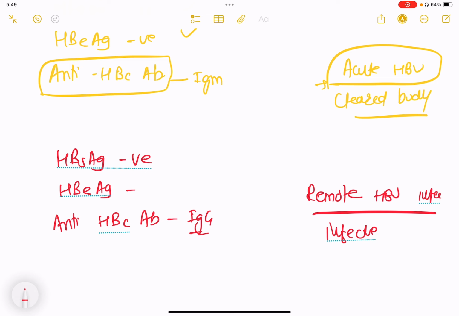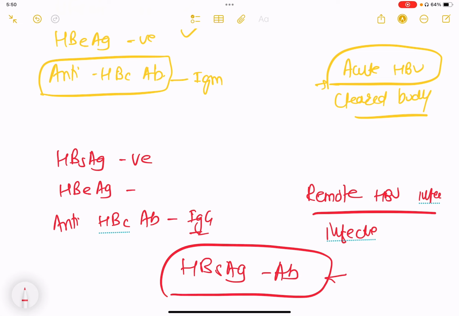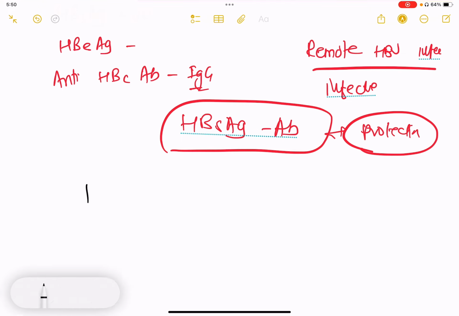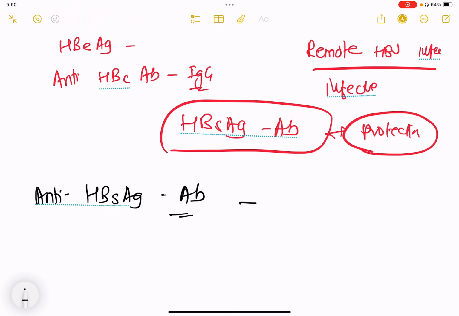In that scenario, if the anti-hepatitis B surface antigen antibody is positive, this gives protection against the damage. So in a nutshell, the patient must have anti-hepatitis B surface antigen antibody to protect themselves from hepatitis B. These are the protective antibodies.